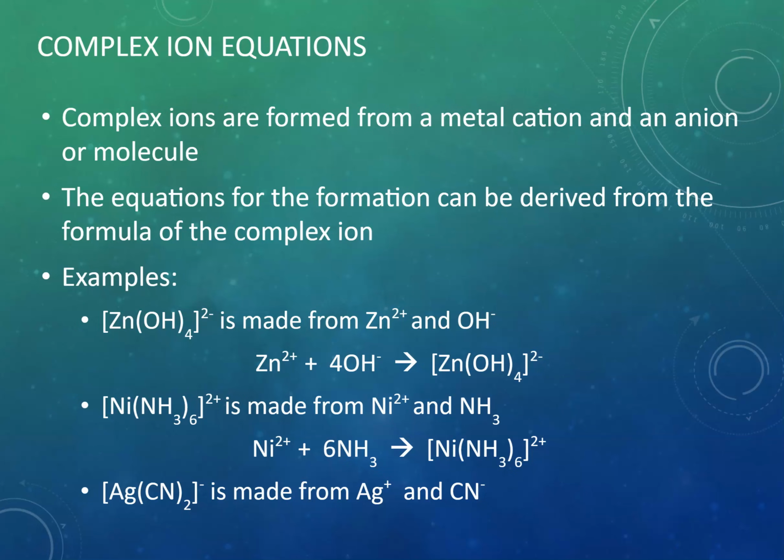Silver plus, cyanide minus, bung them together. There's the formula. Okay, so you will use these when you are discussing what's happening in the formation of your complex ion. As long as you've got the formula of the complex ion, which, like I say, is provided on the resource sheet, then you will be able to work it out.